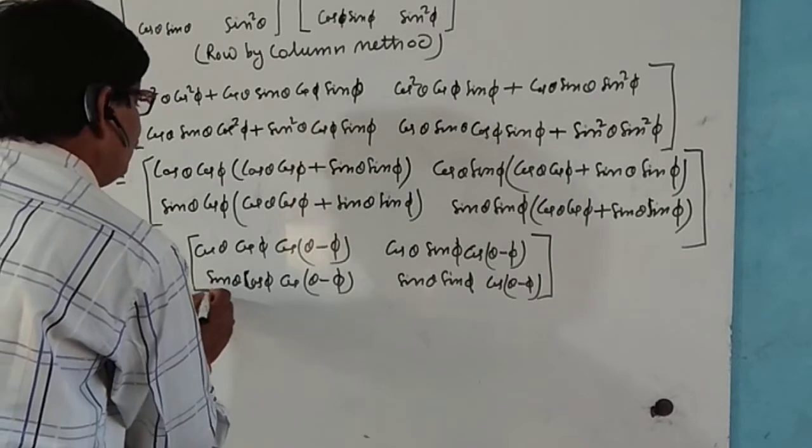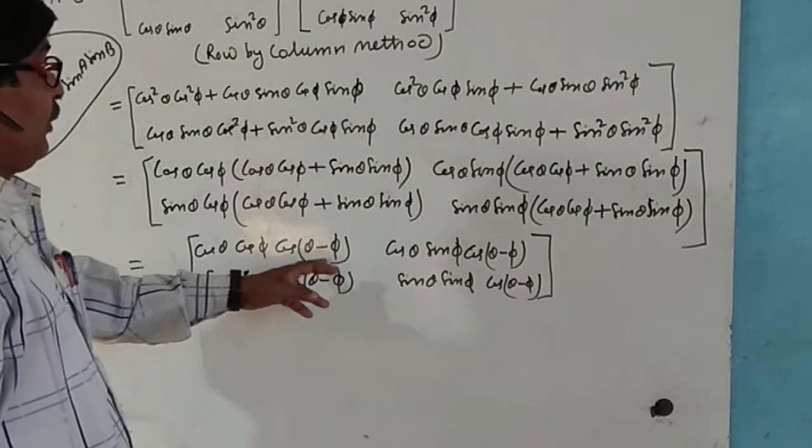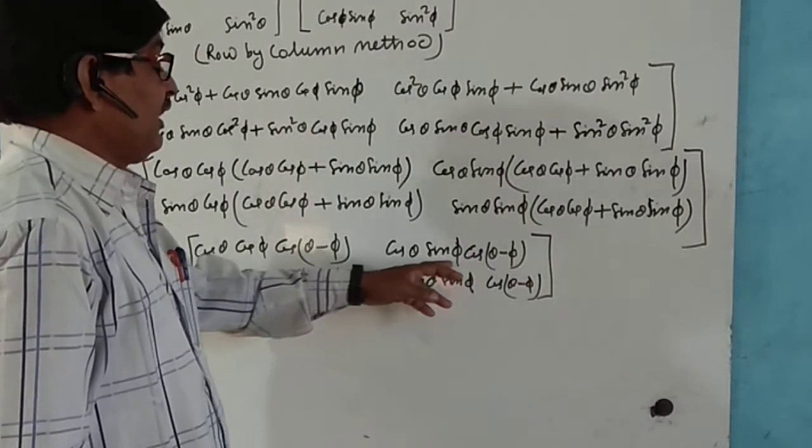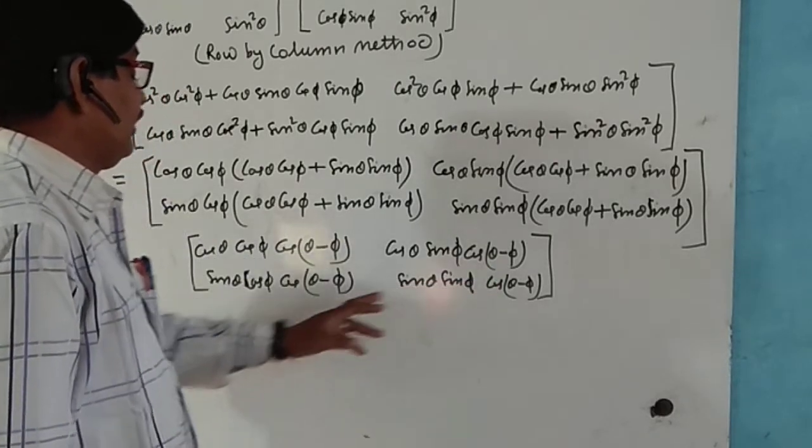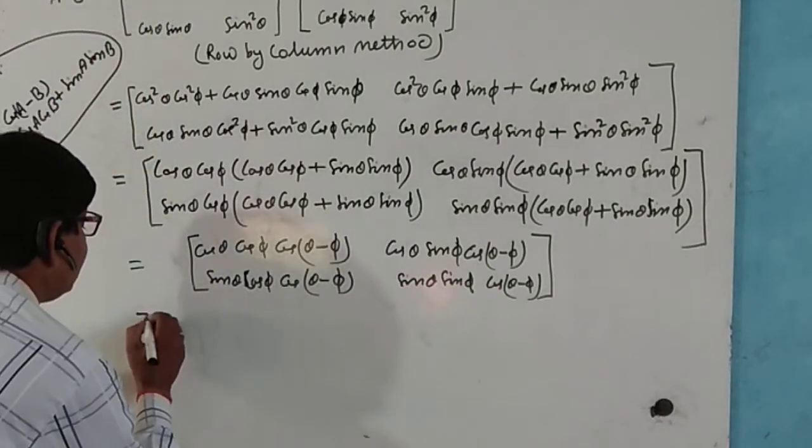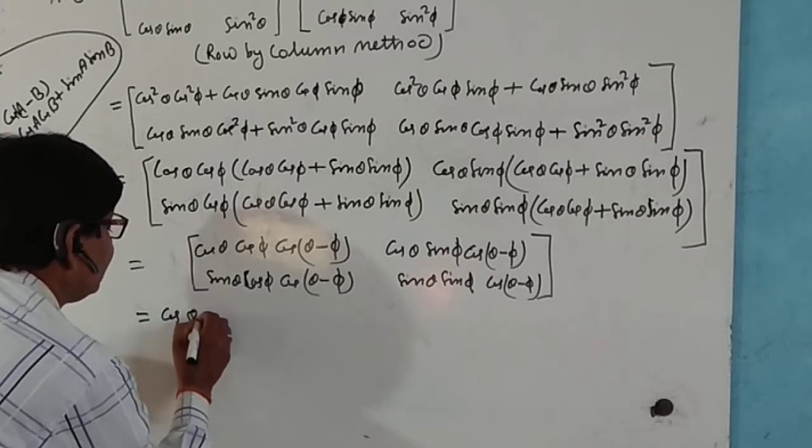This holds in each entry, so the expression is equal to cos(theta minus phi) times the matrix.